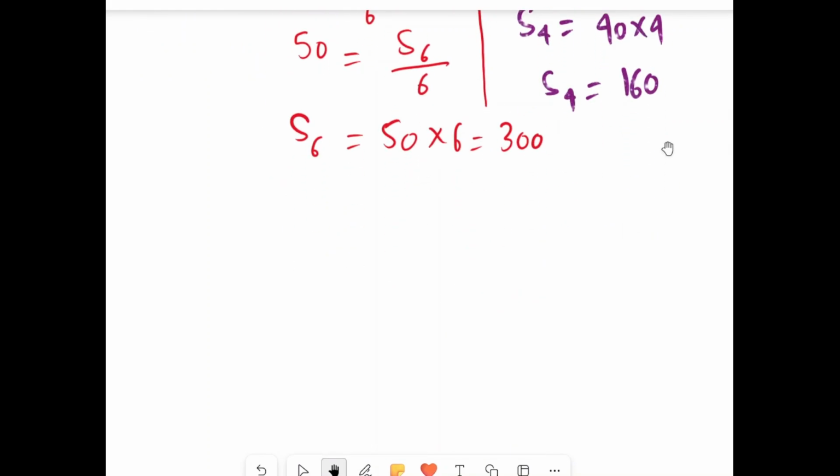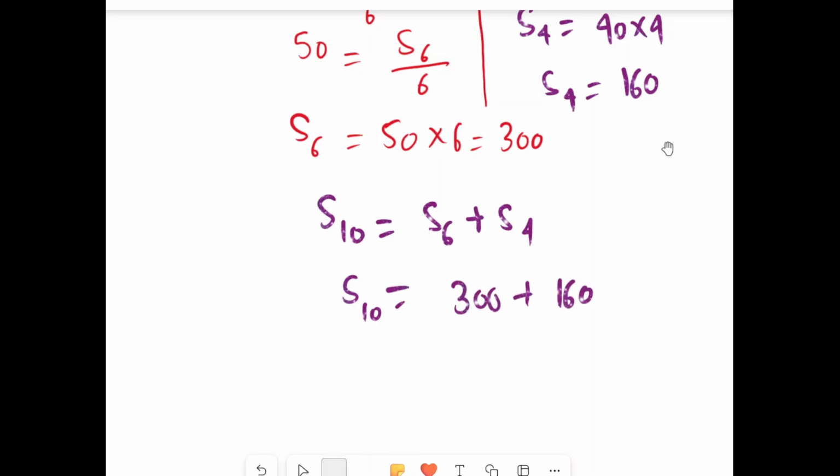Now, what will be the sum of masses of 10 plums? That will be equal to the sum of the masses of 6 plums plus the sum of the masses of 4 plums. So the sum of masses of 10 plums will be 300 plus 160, which is 460. Now we can easily calculate the mean of 10 plums.